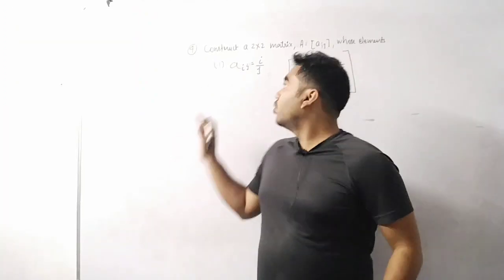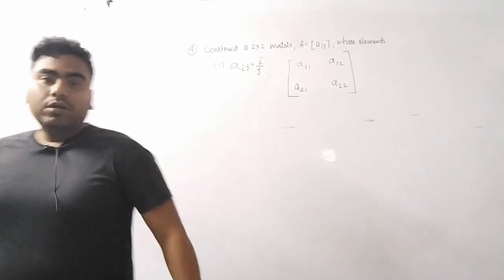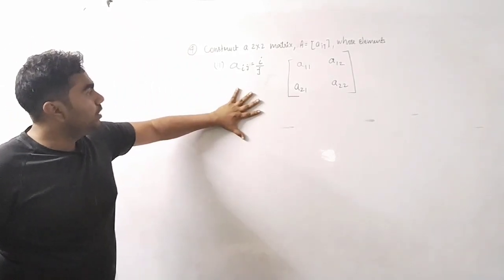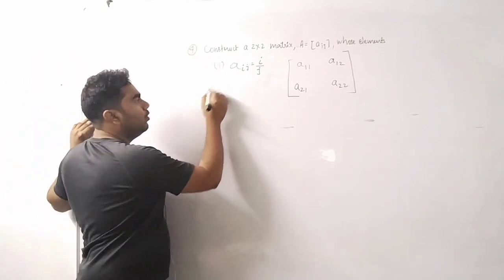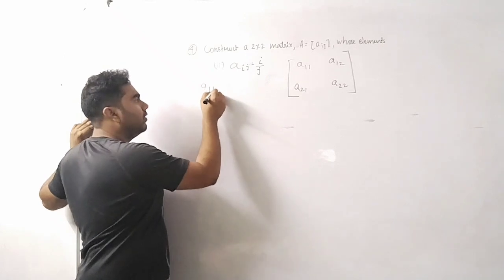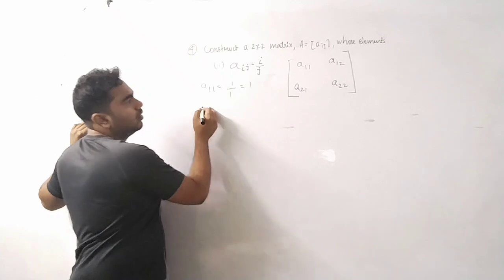Let's have a look at question number 2. Similar pattern. So here we need to plug in the values i=1, j=1 for element A11. 1 upon 1 gives 1.